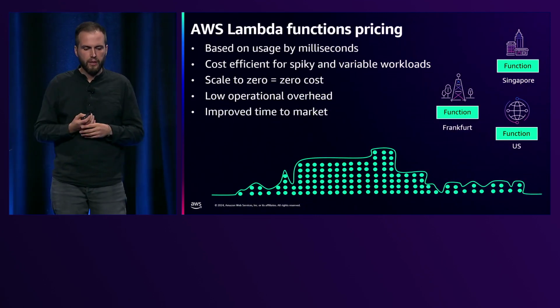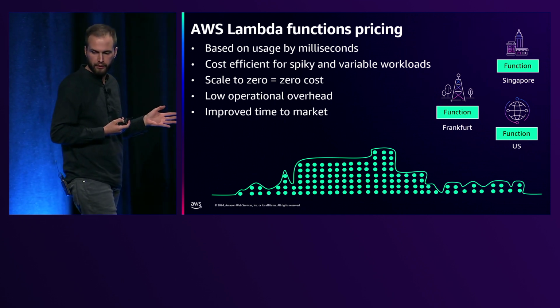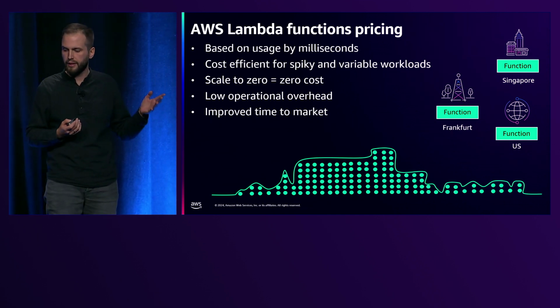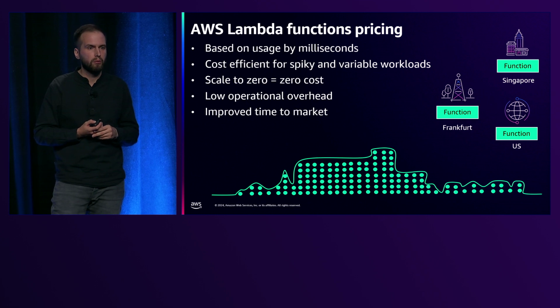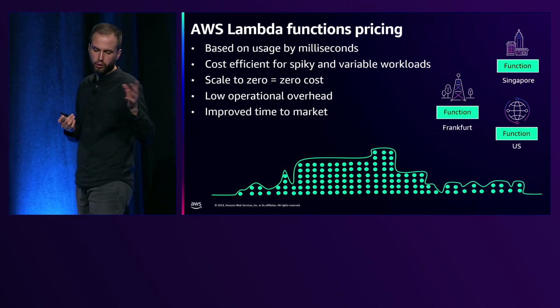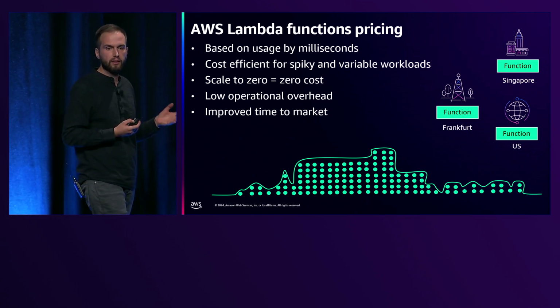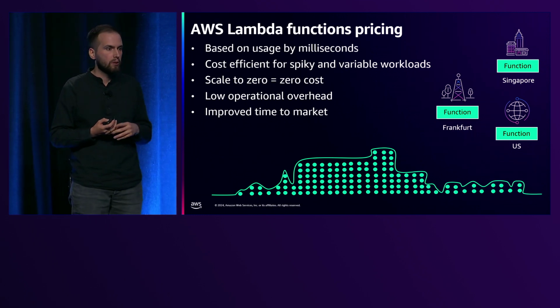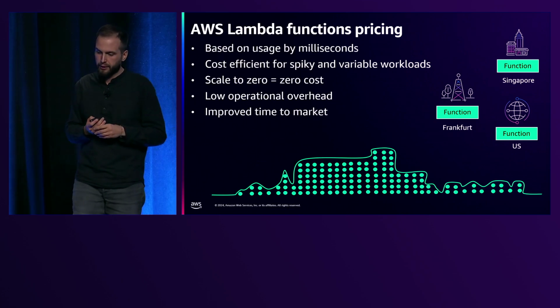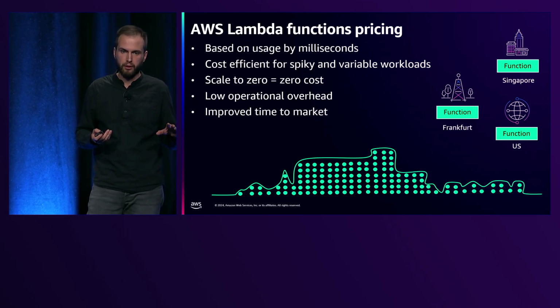When looking at Lambda, however, we see that in contrast to resource-based pricing, the pricing for Lambda functions is based on usage with even a millisecond granularity. So it's very fine-grained and automatically scales on demand. And if there's no demand at all, it scales down to 0, which is also very effective when you think about experimenting globally, because you have a very low infrastructure overhead.